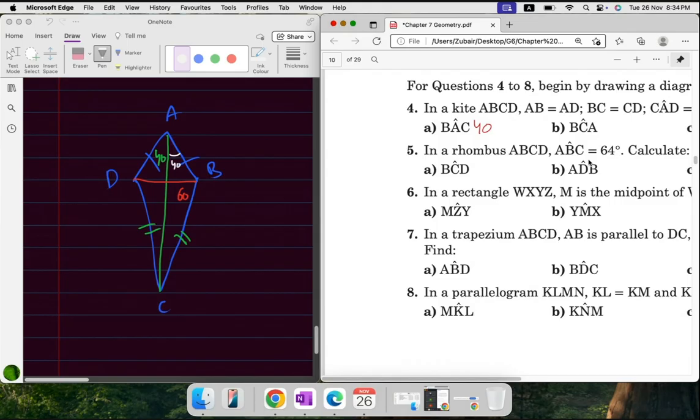No, that's not 40, because a kite has order of rotation 1 and only a vertical line of symmetry in this case. So this angle is 60. We need to work out BCA, this half. So 40 and 60. No, we don't have this upper part.